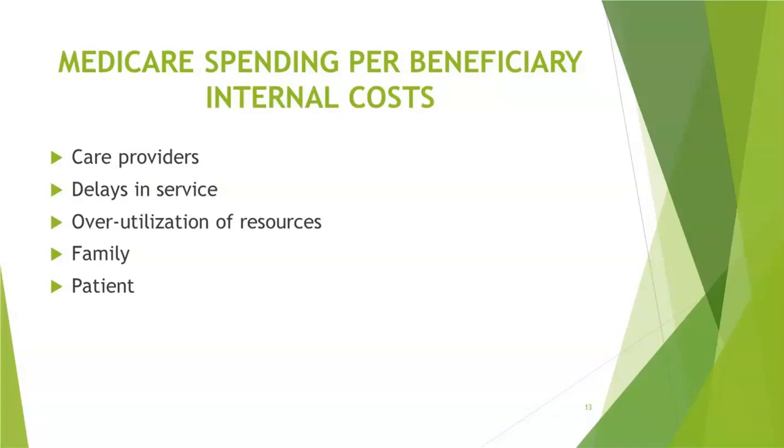Depending on the kind of managed care contract you have, it might result in a denial, and it increases cost with no value added for that patient. Same thing with overutilization of resources. So when we over-treat patients or we treat patients for things that are not related to their current admission to the hospital, this, again, puts us at higher risk for a bad score. And always you'll see the family and the patient listed because they, too, can impact our score.